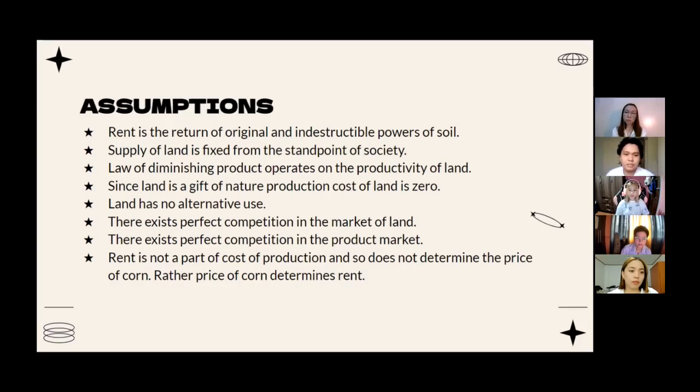There is also the assumption of perfect competition in the market of land and in the product market. Rent is not a part of the cost of production, so it does not determine the price of corn, which is the example used by Ricardo. Rather, the price of corn determines rent. This means that the amount of rent is determined by the degree of the differences in the productivities of land.